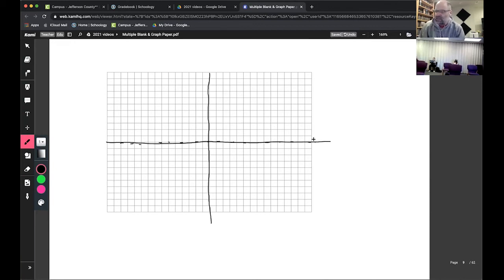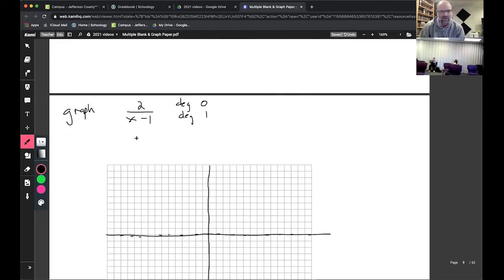All right, so we're going to graph it. We're going to determine any points of discontinuity. So remember, my vertical asymptote. We already figured out our horizontal asymptote, y equals 0. Our vertical asymptote is what makes the denominator 0. So that is x equals 1.